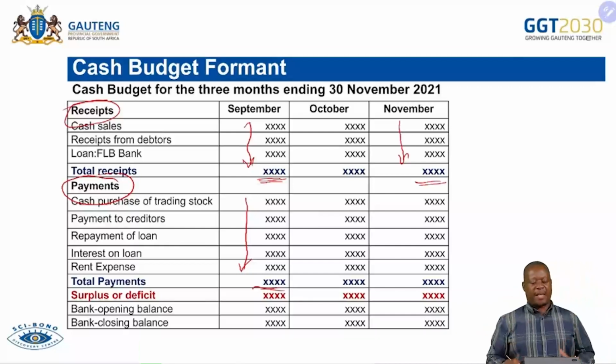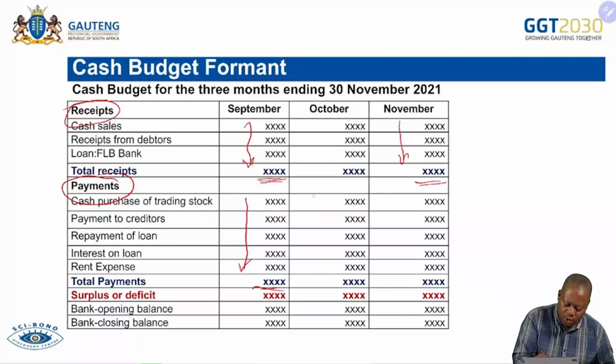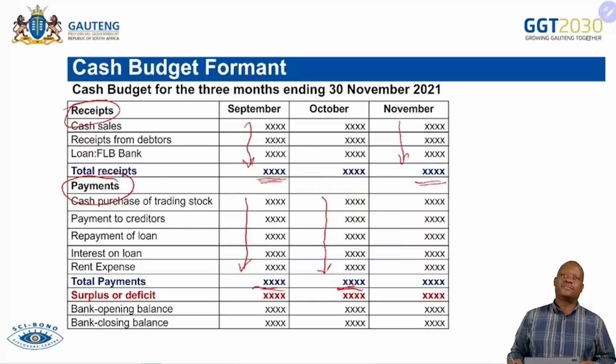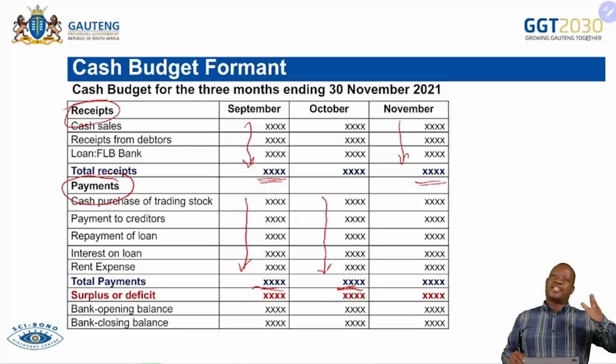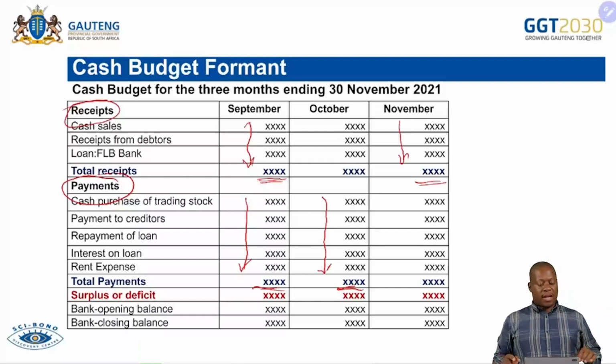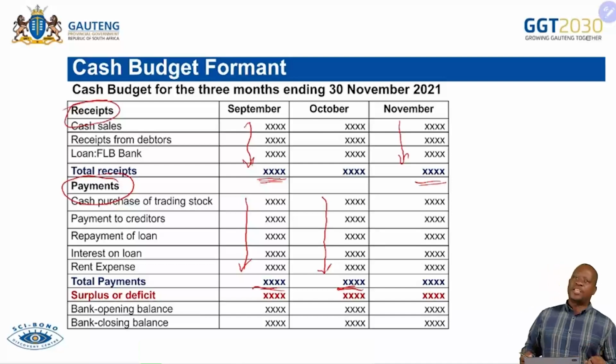Total payments. We can also do the same in October by adding everything until this point, and then we are going to get our total payments. Simple. Two sections. Receipts, payments. Now, remember here, what is the objective?